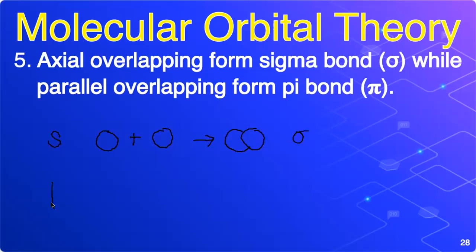While for the p orbital, since we have 3 orientations, the x, y, and z, we are going to form one sigma bond because we'll be having a head-to-head overlapping.